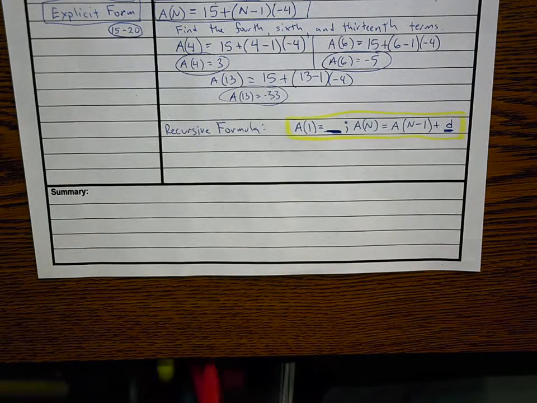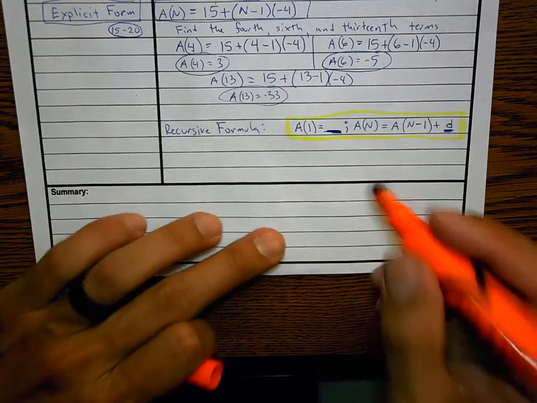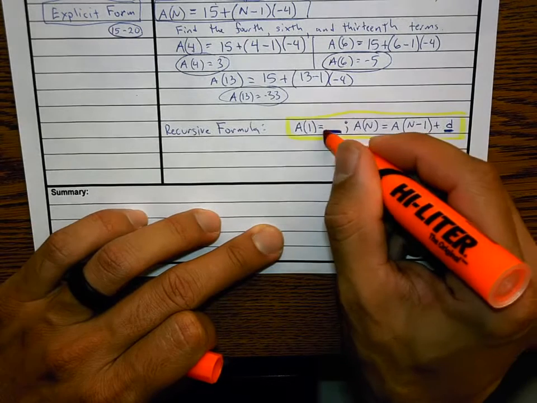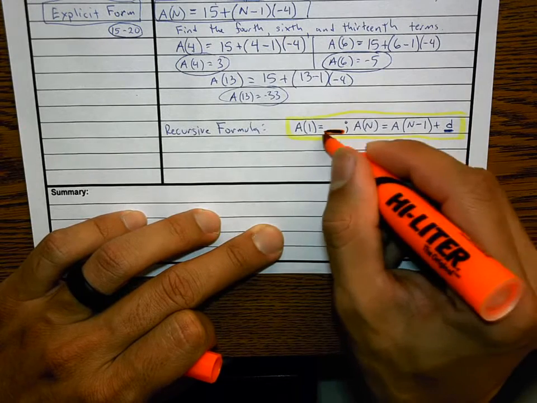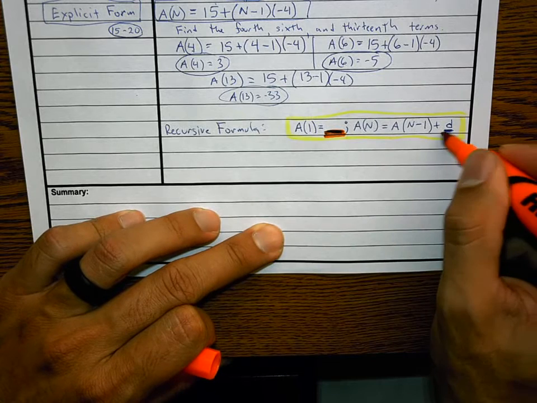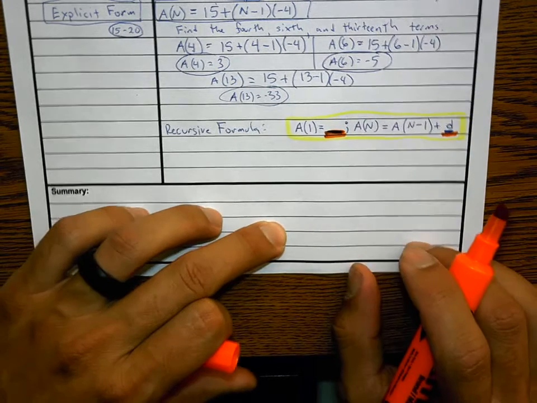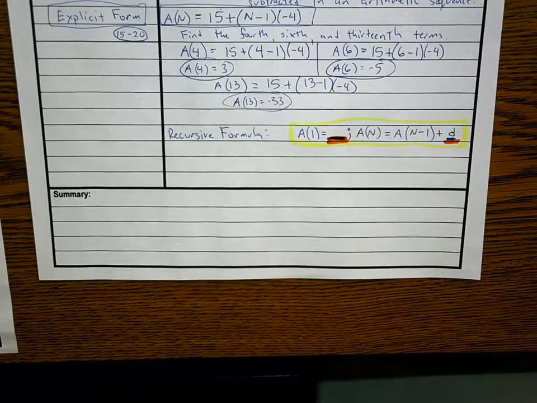And the only things we have to replace, just like before, is this thing here in orange and this thing here in orange. I only replace those two things. I don't have to replace anything else.